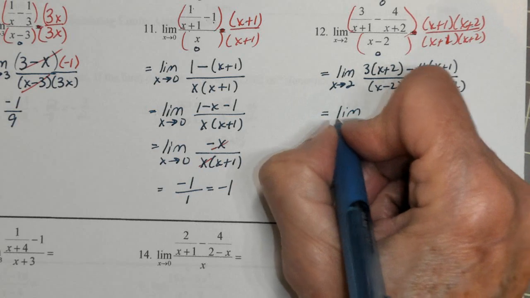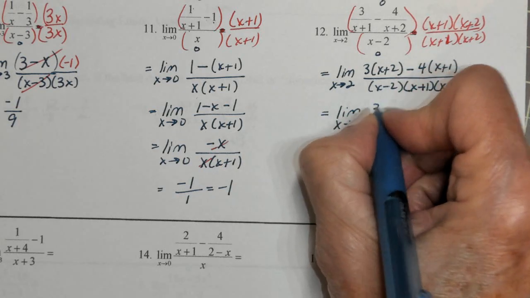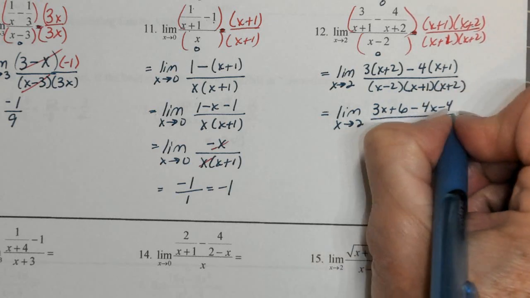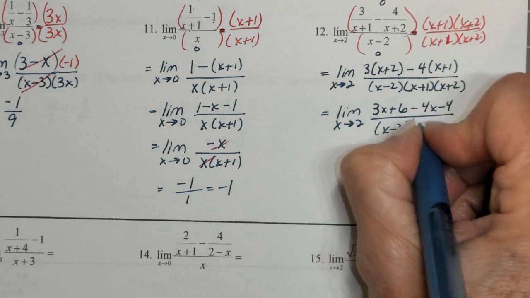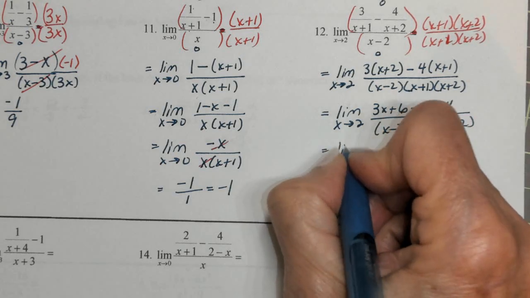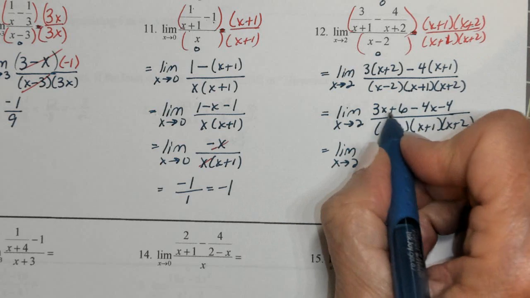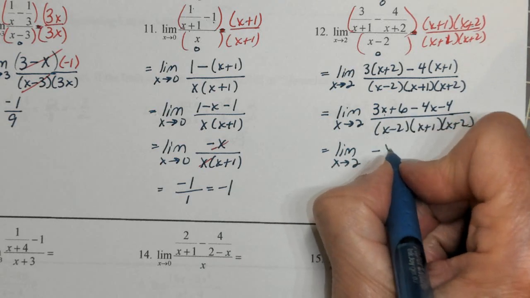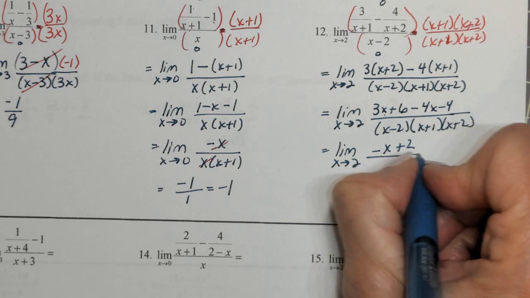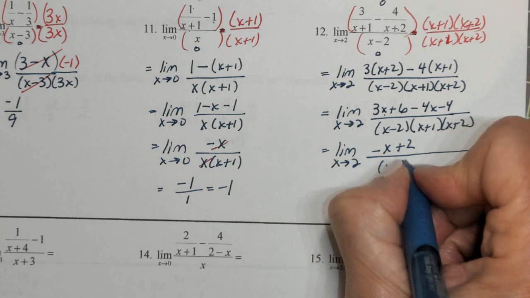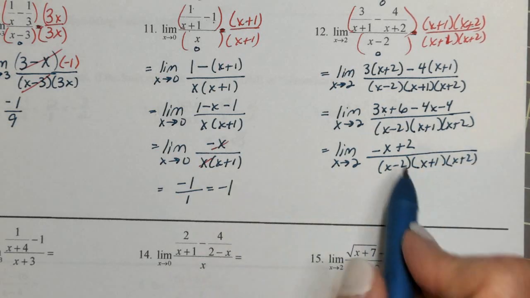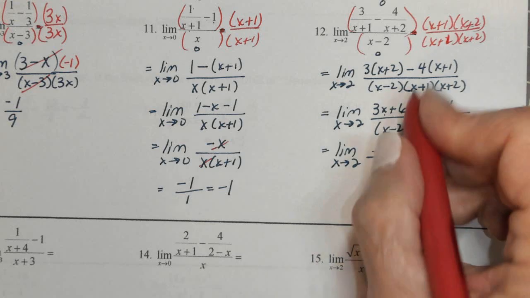Okay. I'm going to clean up the top. 3x plus 6 minus 4x minus 4. Okay, 3x minus 4x is negative x, 6 minus 4 is plus 2, this is negative x plus 2.